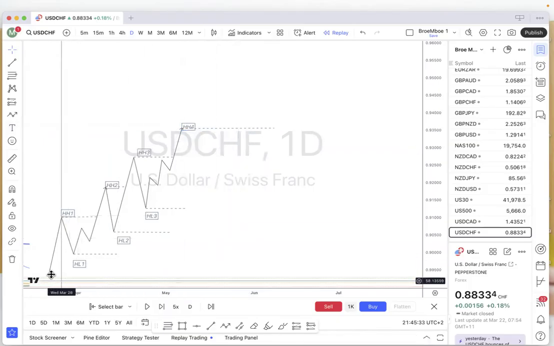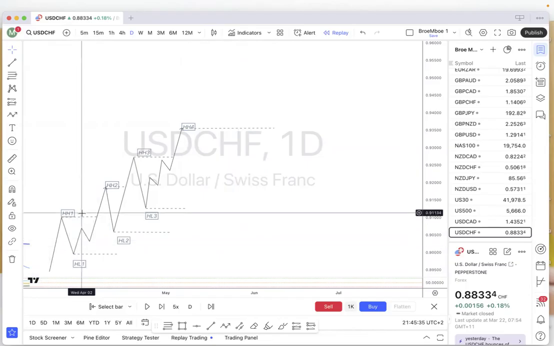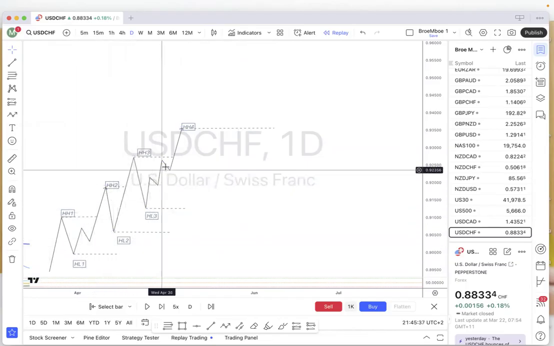Right. So the lows were only confirmed when the high was being broken.